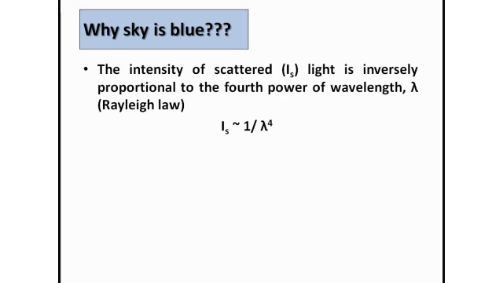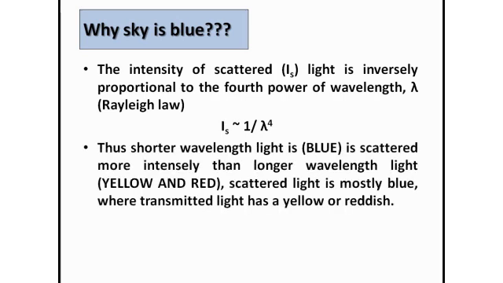Now the thing is that still the answer is not coming, right? Why is the sky blue? Simple. The blue light has a shorter wavelength. I hope you all remember the VIBGYOR. These are arranged as per their wavelength, right? The blue has a shorter wavelength. Thus, the shorter wavelength blue light is scattered more intensely as compared to the longer wavelength yellow and red.